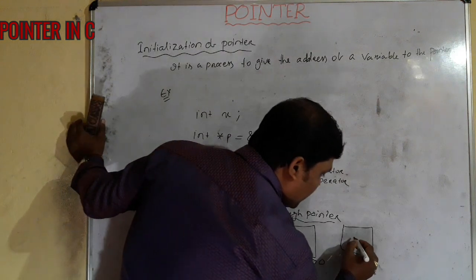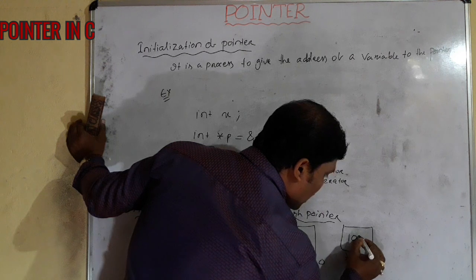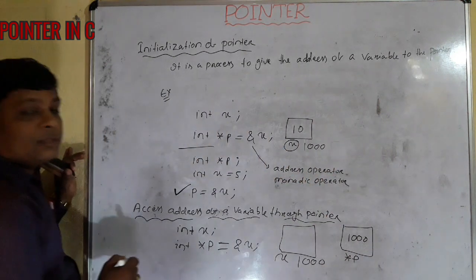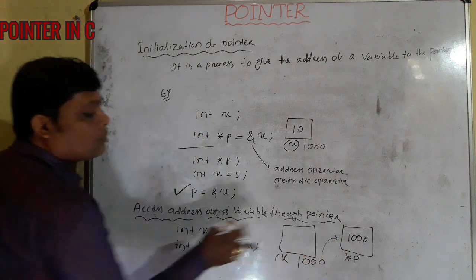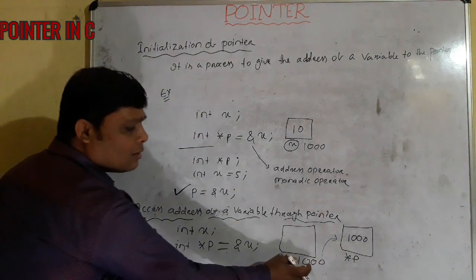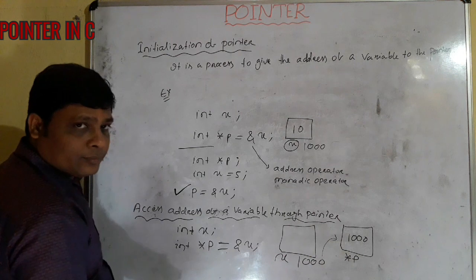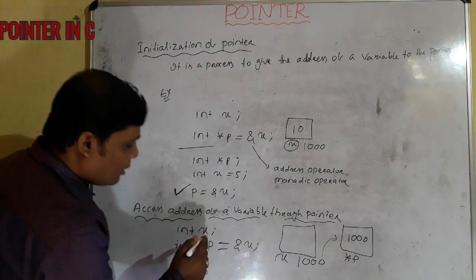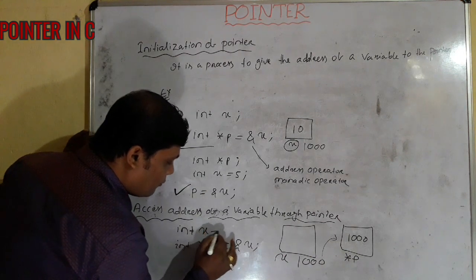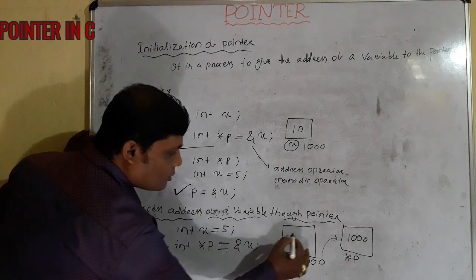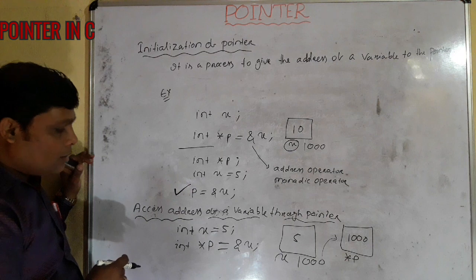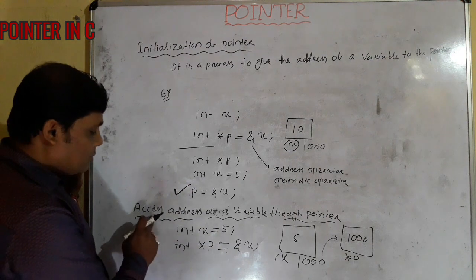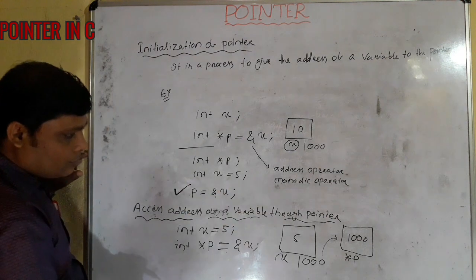So it will hold the address of x, that is 1000. We have taken the address as 1000. Clear? So suppose your value is 5. So 5 will be here. Clear?